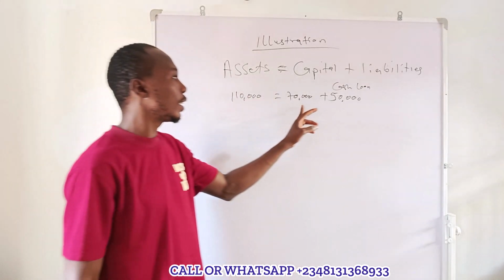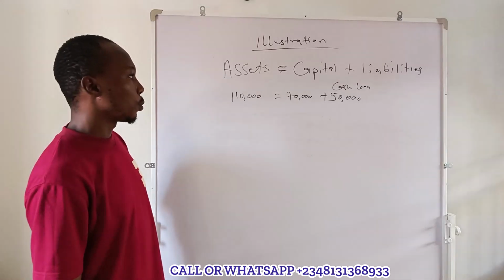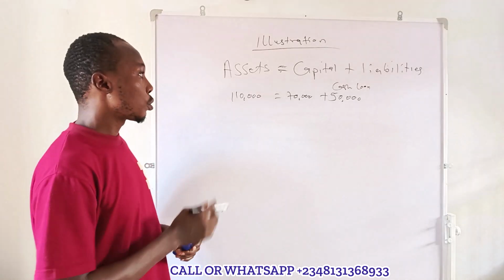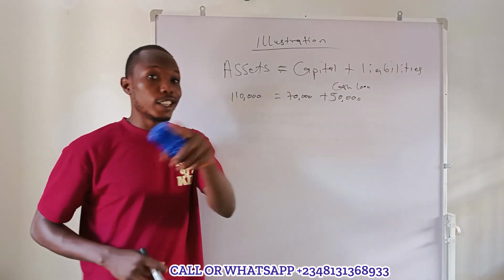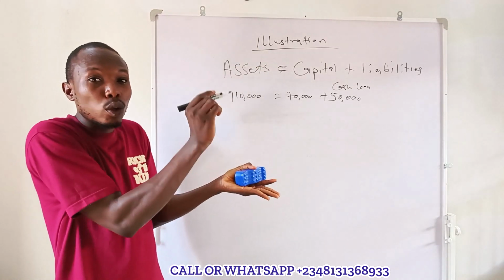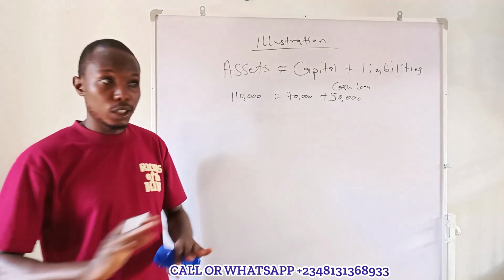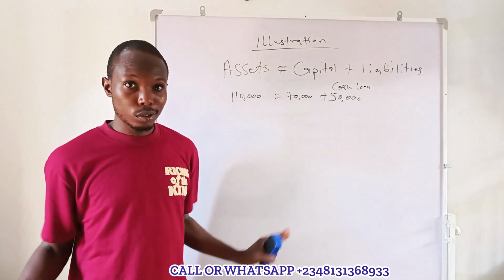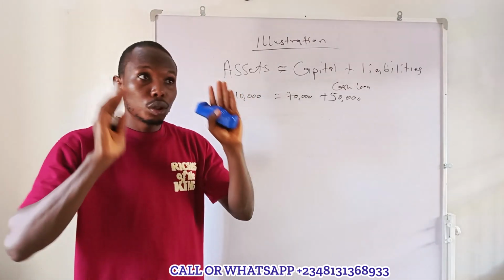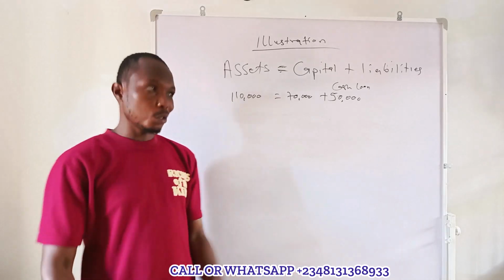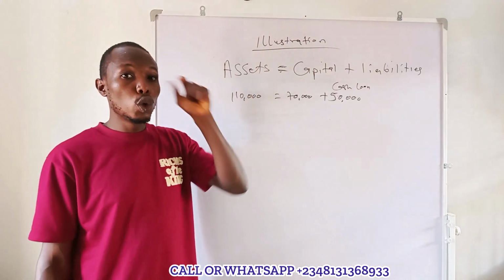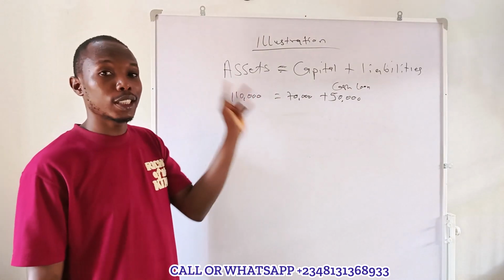But why is it not reflected here as 120? Because of that expense. So at the end of the day, your profit and loss is going to be showing a net loss of 10,000. Remember, I said we did not carry out any transaction, we did not receive any revenue. This is just the money we are using to arrange the office, which is 10,000. So the 10,000 is reflected as net loss, or net income of minus 10,000.